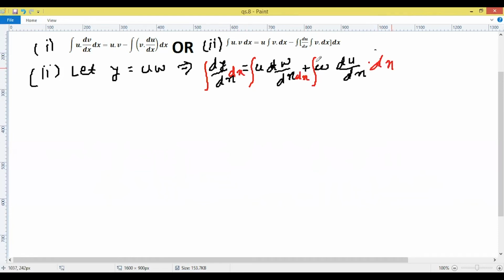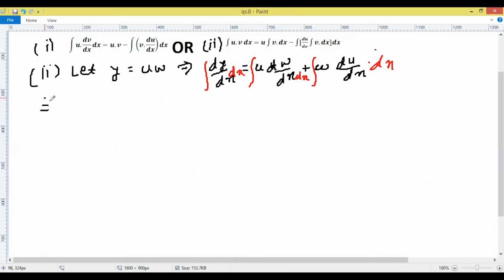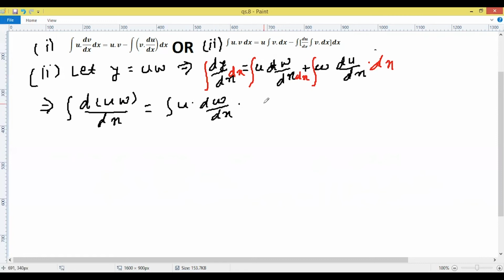This is dx, and after that you can see that the integration of dy means we have uw at this time, and this equals the integral of u dw by dx dx plus the integral of w du by dx dx.